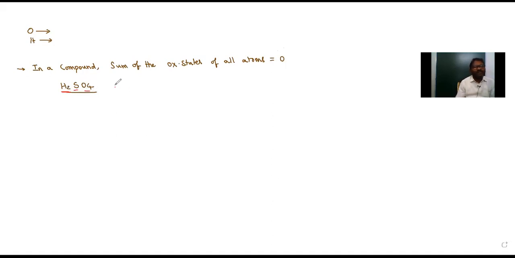So, oxidation state of 2 hydrogen atoms plus oxidation state of 1 sulfur atom plus oxidation state of 4 oxygen atoms is equal to 0. That is the meaning.